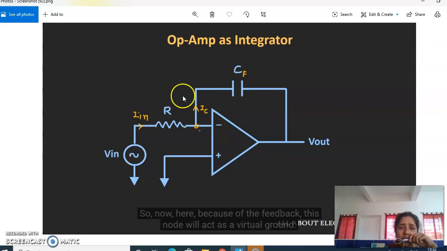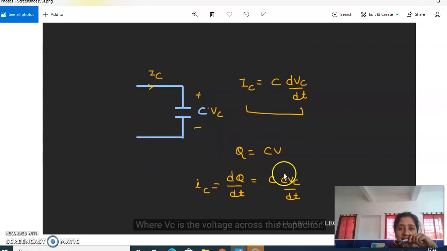Here In equals Vin by R, and we already know the expression for the current passing through the capacitor: IC equals C into dVc by dt. Here Vc is the capacitor voltage, and dVc by dt is the rate of change of the capacitor voltage across the capacitor C. The charge induced by the capacitor, Q, is given by C into V. Now the current flowing through the capacitor IC equals dQ by dt.